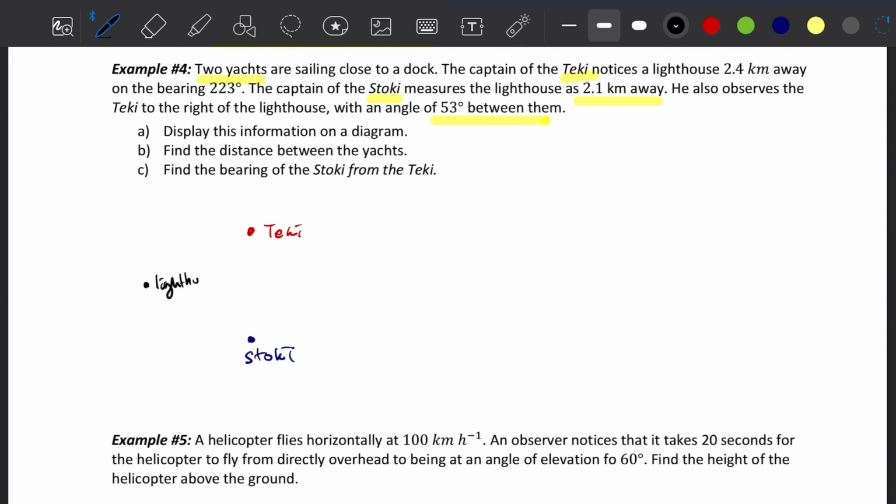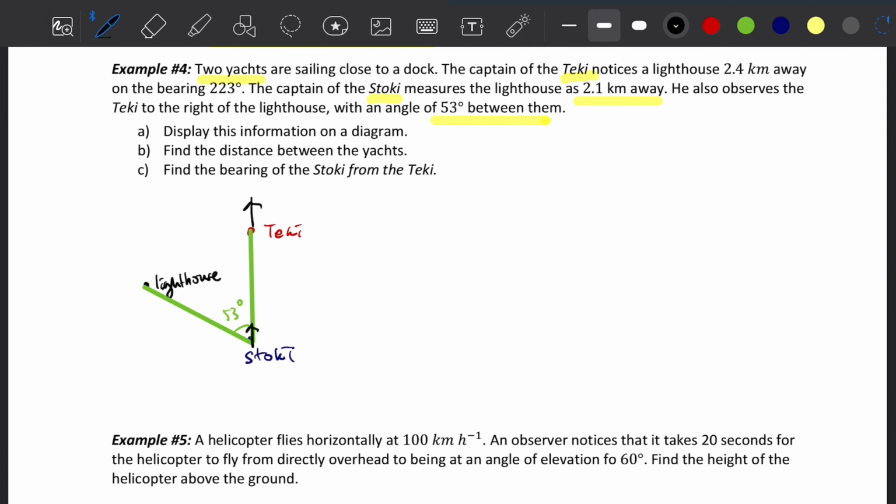I place the Taki to the right of the lighthouse, so we have the angle of 53 degrees between them, and both yachts are facing true north.